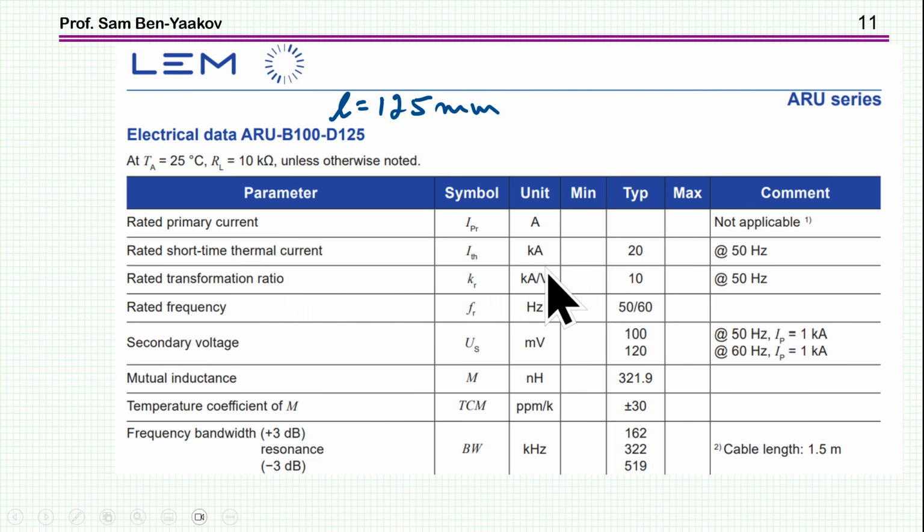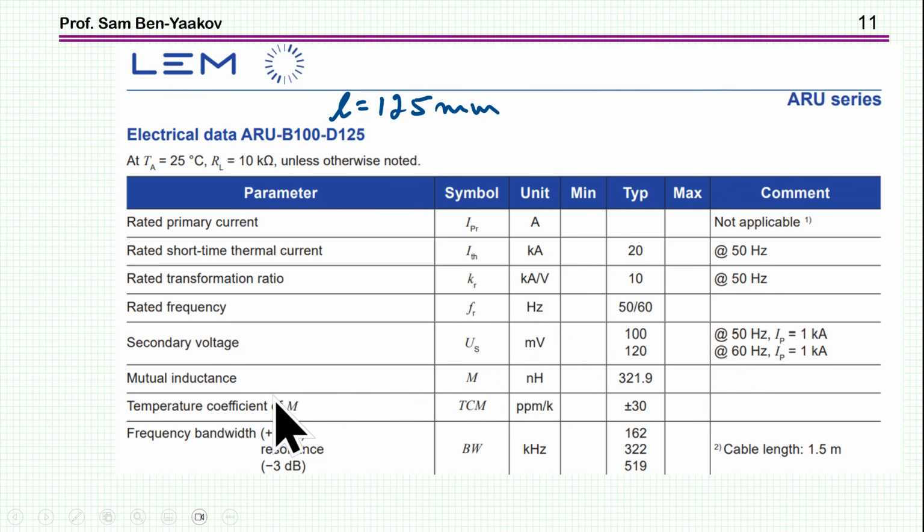So this is for high current, and the response, here they give it as 10 kiloamp per volt or 100 millivolt per kiloamp. But this is for 50 hertz. It's fairly low frequency, so it is intended for line frequency for distribution systems. So very low frequency and very high current.